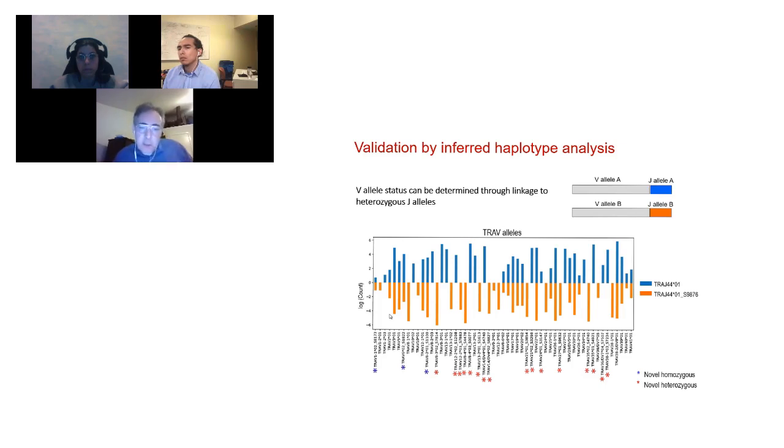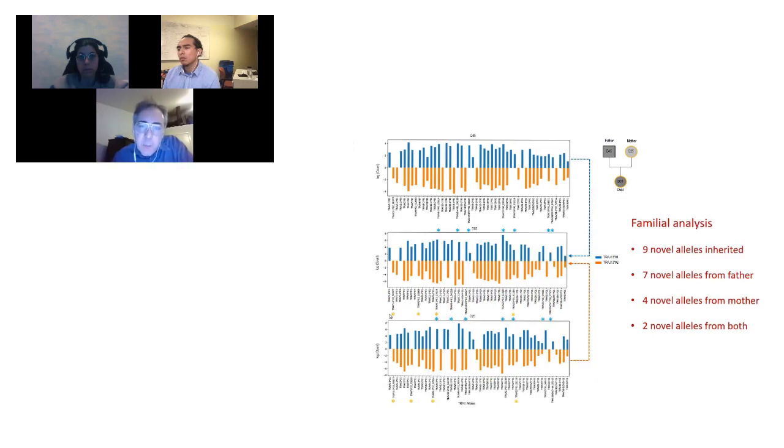And just to show the accuracy of this, we did a familial study as well, where we analyzed a father, a mother, and a child. In this case, the child inherited 9 novel alleles from the parents, 7 of these from the father, and 4 from the mother, and 2 of which were inherited homozygously.